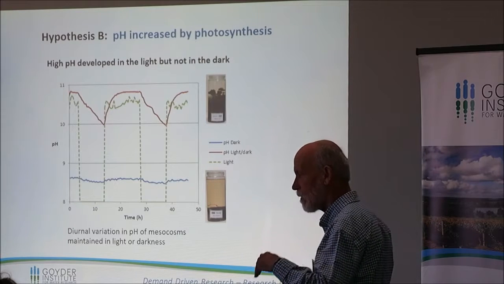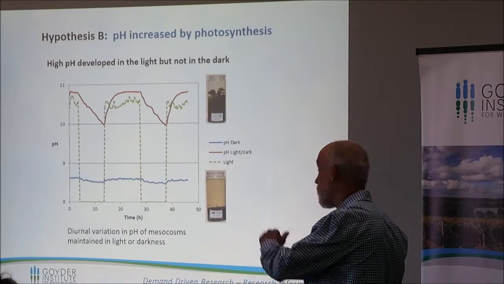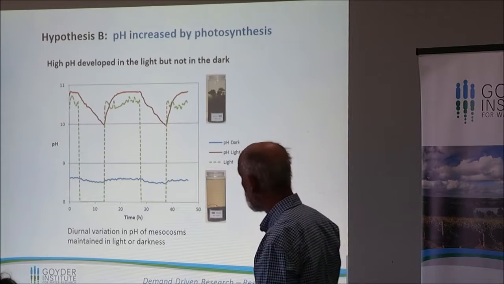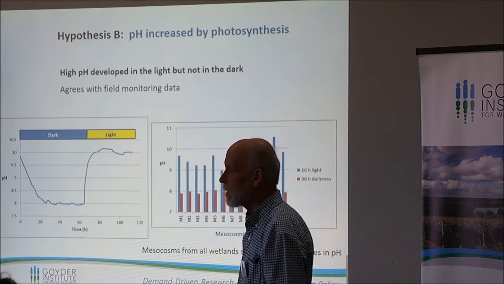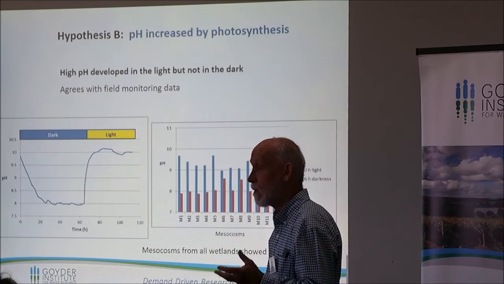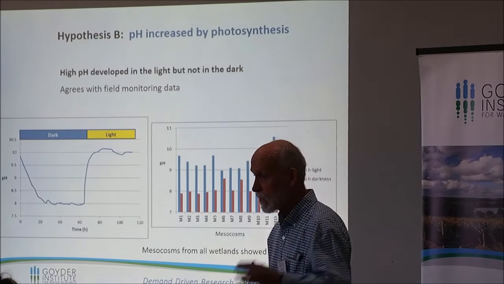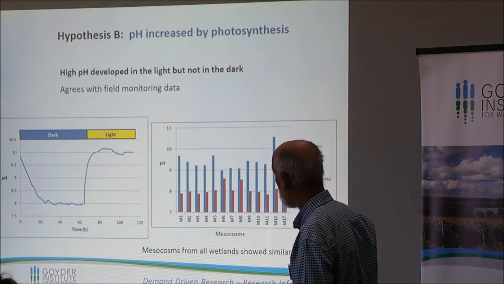It goes down during the night and it rises during the day. So this strongly suggested that it has something to do with the plants that are there. Because where there are no plants, the pH is not high.